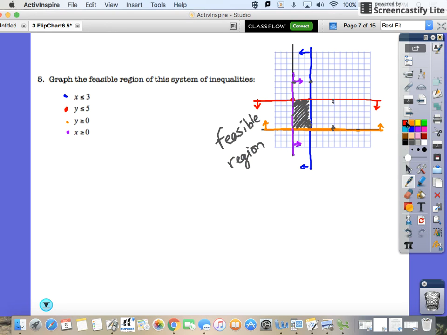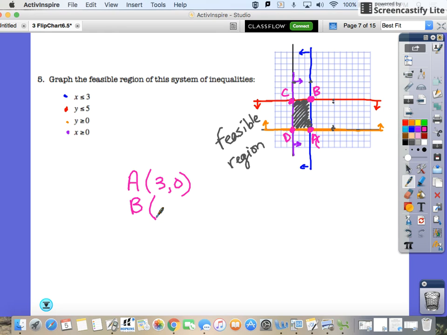And just for a fun fact, the vertices that we mentioned in the notes are, we'll call this one A, B, C, and D. So A, the coordinate for that vertex is (3, 0).